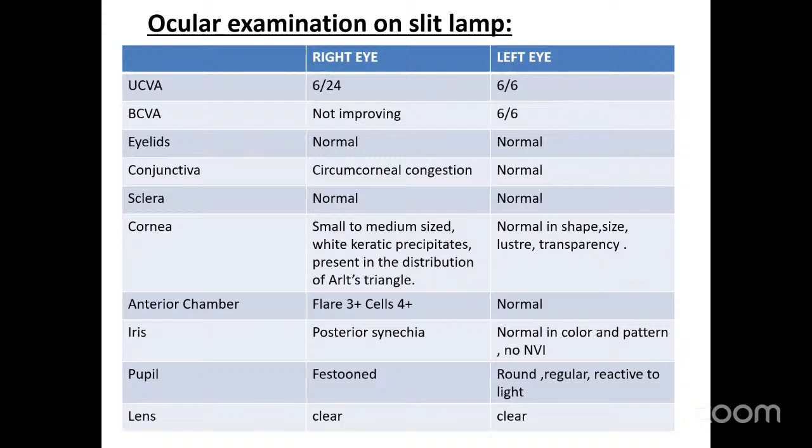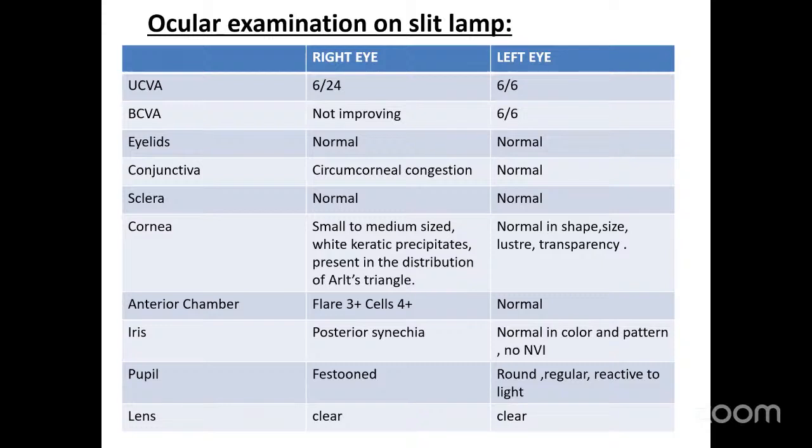If there is seclusio pupillae, ma'am, that can lead to secondary angle closure. What is seclusio pupillae, and how does it give rise to a secondary angle closure glaucoma? Seclusio pupillae is a 360-degree ring of posterior synechiae.